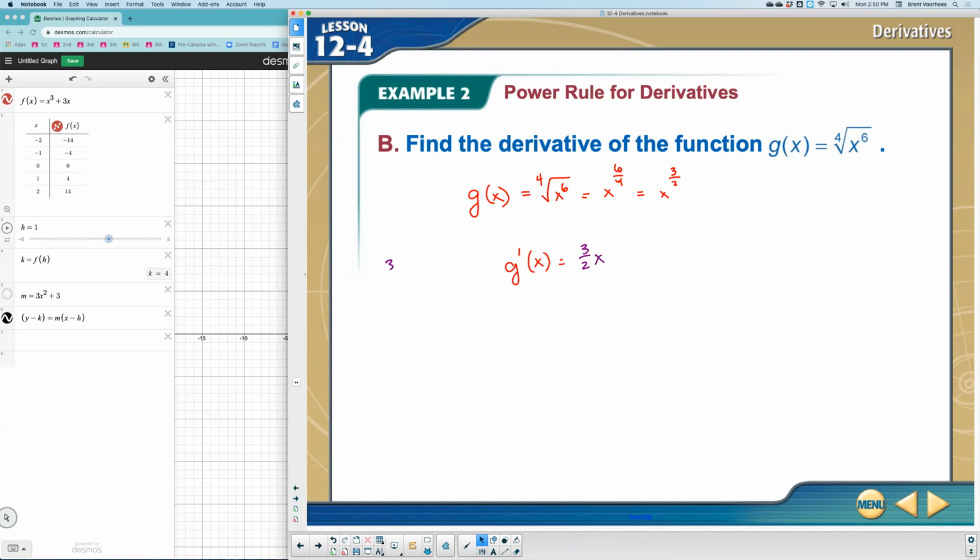So 3 halves minus 1 is like subtracting 2 halves, which gives us 1 half. And that you could also rewrite, so 1 divided by 2, that's a square root. You could write this as 3 halves square root of x. That 1/2 power is only on the x, it's not on the 3 halves. That's why they had the 3 halves outside the square root. So you could write it that way.